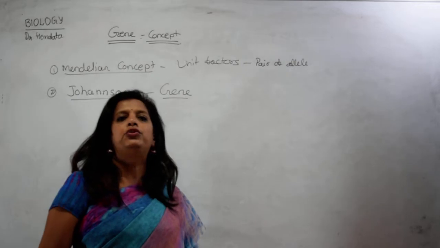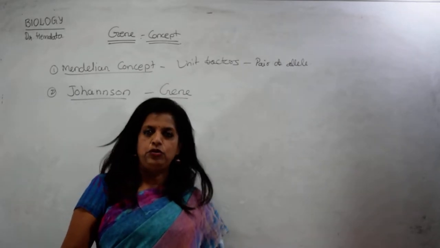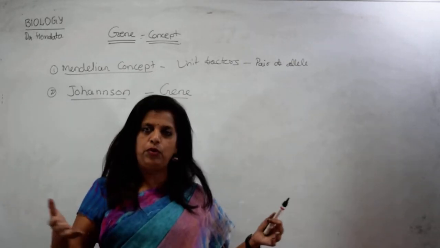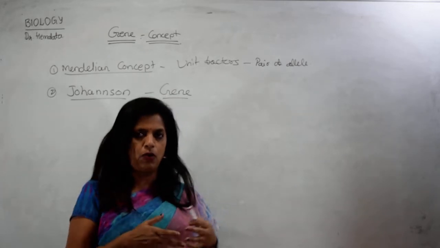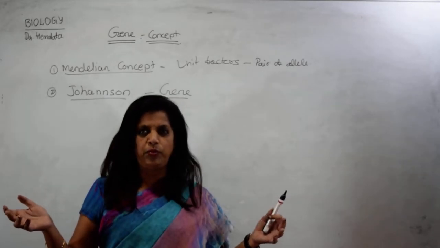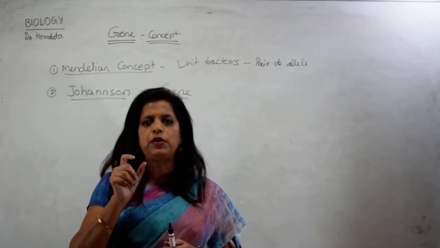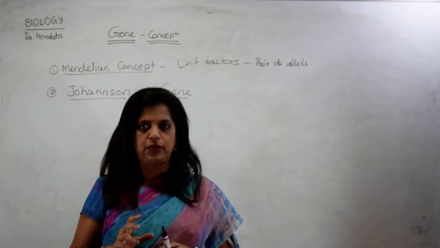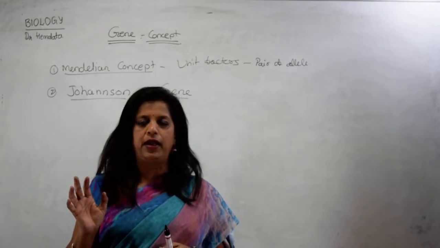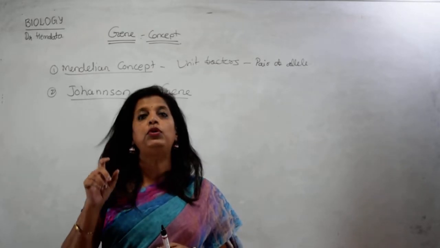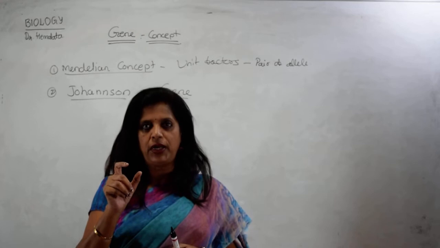That was gene in the modern way. In DNA, you must be knowing, there is a huge, long DNA of around 2 meters in length. It has some small discrete units called genes. These control the expression of a character according to Johannsen. He was the one who termed gene, right?